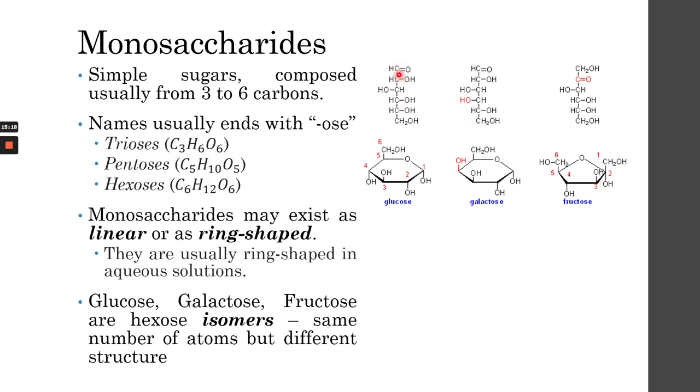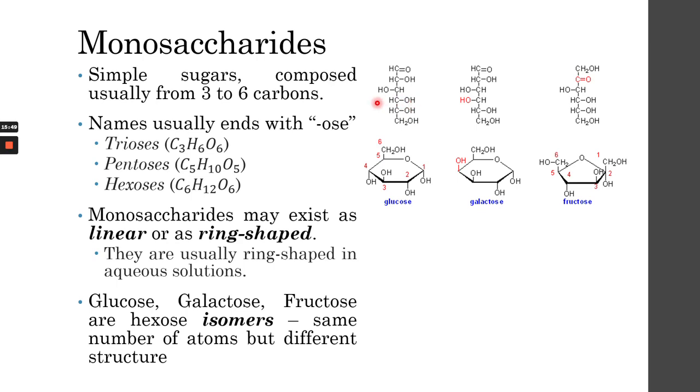In the beginning, you have a double bond to oxygen right here, and then when you get to the fourth carbon, you can see this galactose has an OH group on the fourth carbon, but as you can see here, it has an OH on the other side.